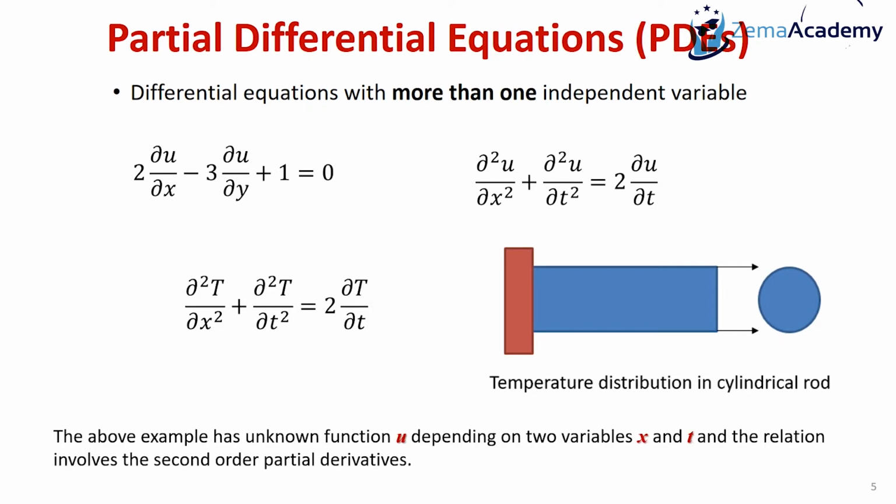Just to repeat it again, partial differential equations are the equations in which you have got more than one independent variable. For example, in the example that I have explained, the temperature is changed with respect to x and with respect to time.